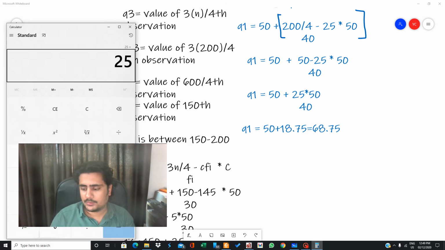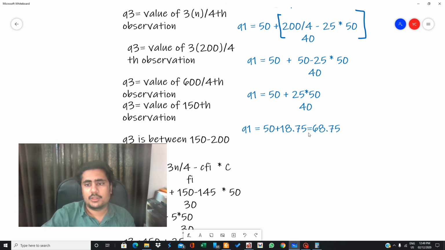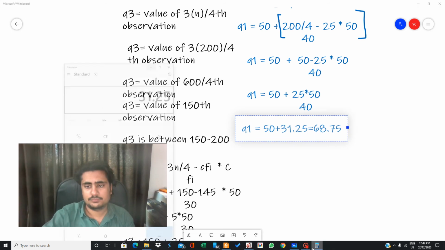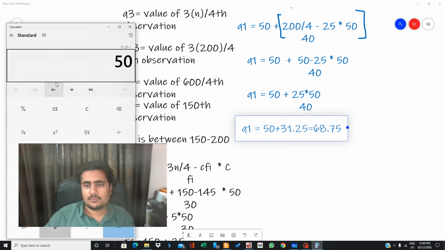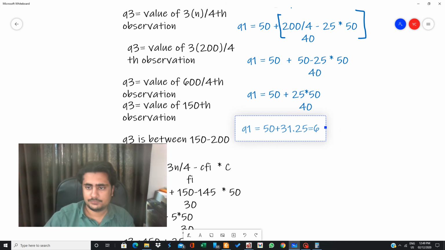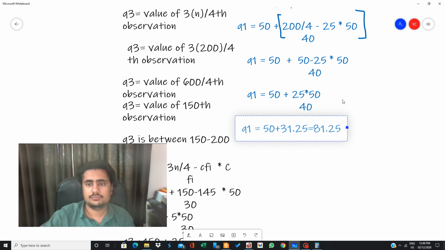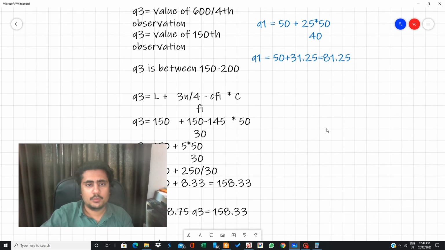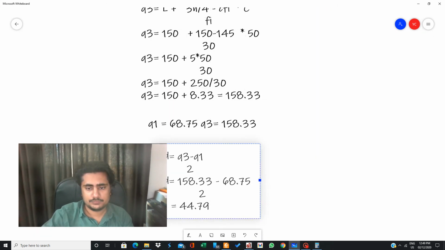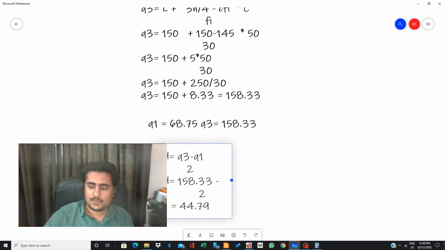The answer is 25 into 50 upon 40, which is 31.25. So Q1 is 81.25.